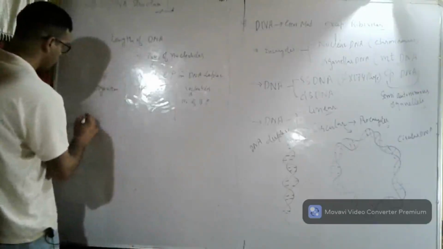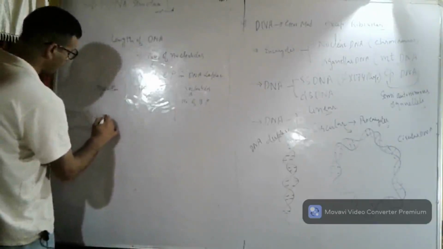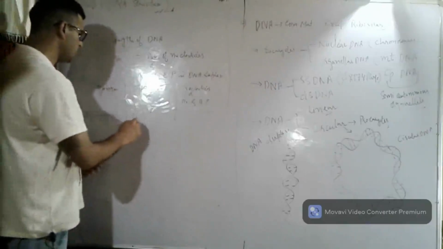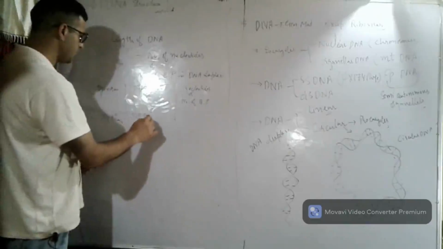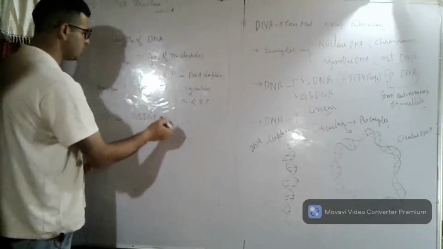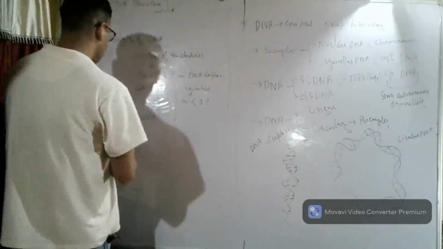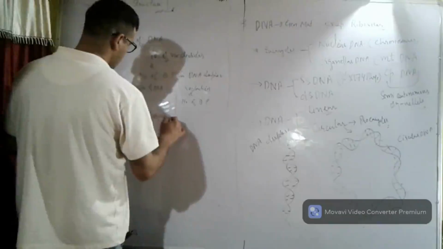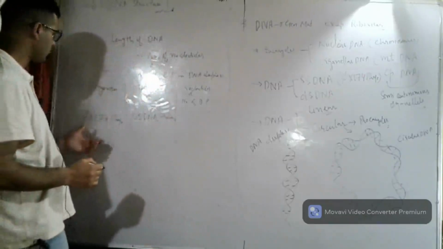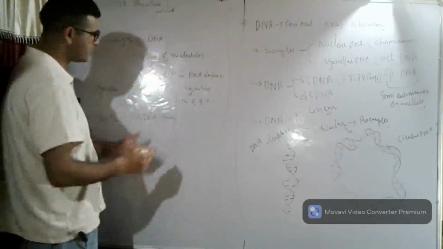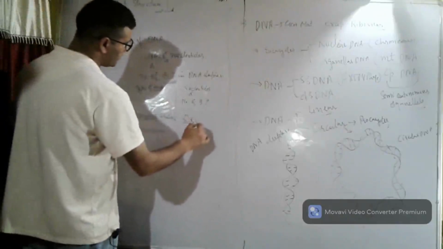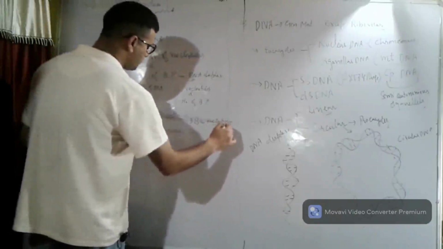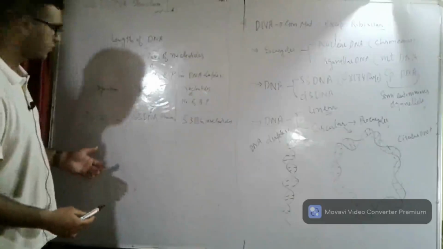In case of phi X 174 phage, the DNA is single stranded and circular, and 5,386 nucleotides are present in it.